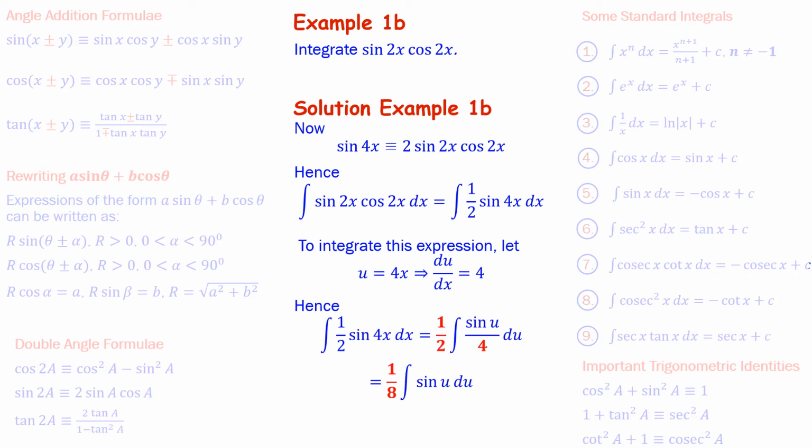We can take the constants out as shown, so half times a quarter is all now outside the integral to give us 1/8. And so we simply have to integrate sin u with respect to u. And integrating sin u gives us minus cos u as shown here. And of course we can replace the u with 4x as shown, to give us that our integral is equal to minus 1/8 cos 4x plus c.